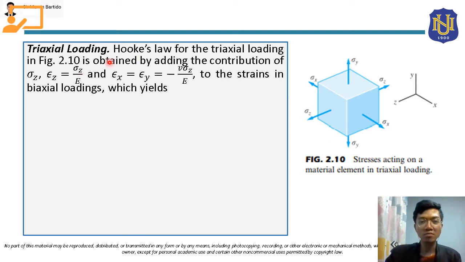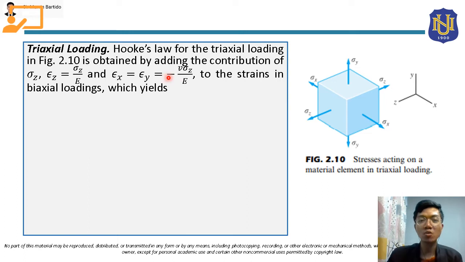This is obtained by adding the contribution of sigma z, wherein the strain due to sigma z, that is epsilon z, is equal to sigma z over E. The x and y direction will also be affected because of the stress in the z axis, so its effect in the x and y direction, epsilon x and epsilon y, will just be equal.